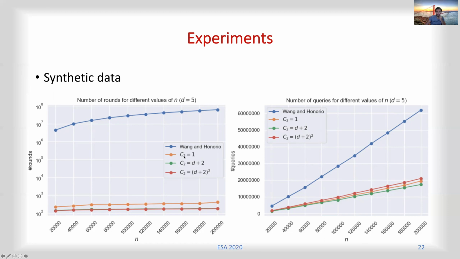If you remember, the sample size was C2 times log n. We implemented our algorithm with different constant parameters, and we compare our algorithm with the one by Wang and Honorio. While we have achieved a significant parallel speedup, we also improved the sequential work compared to their algorithm.